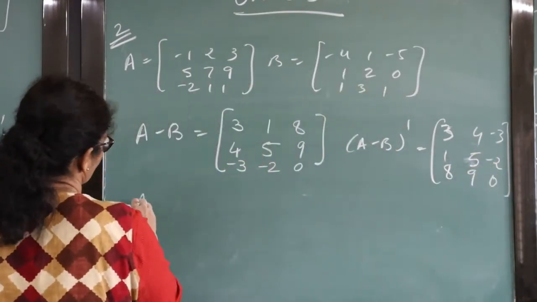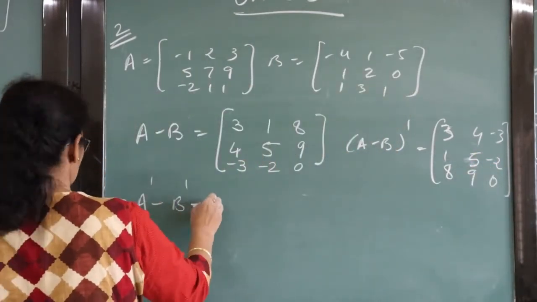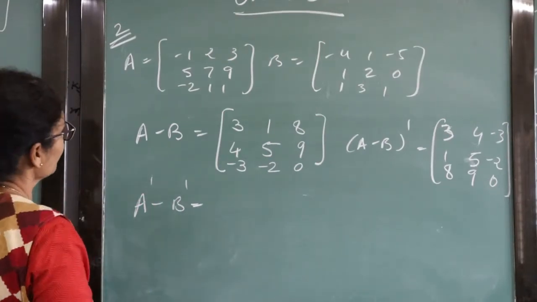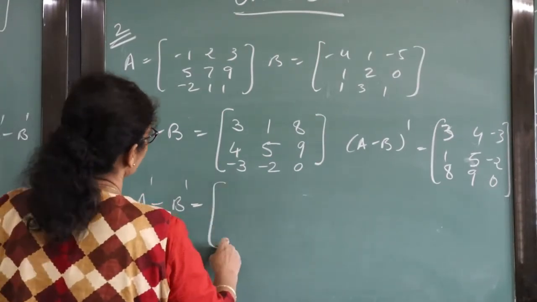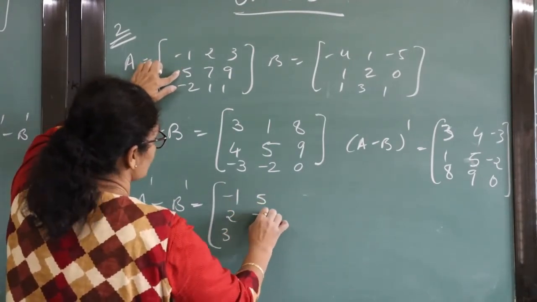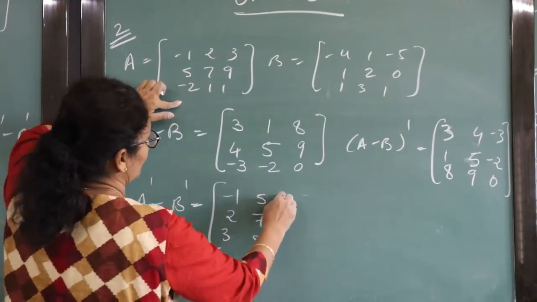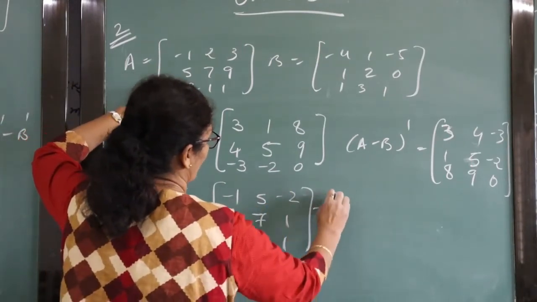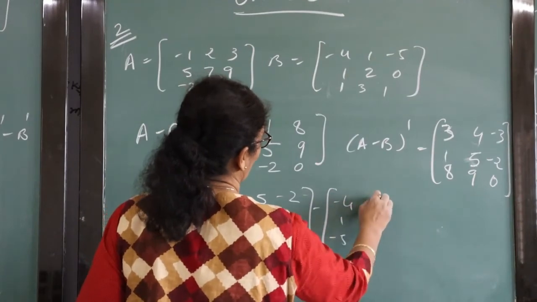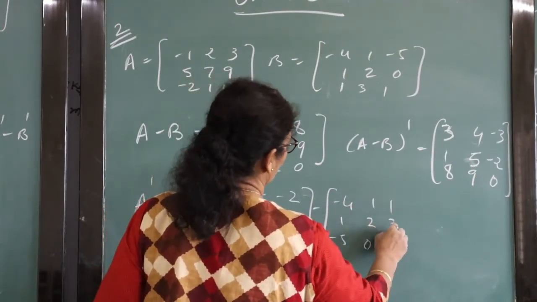Okay. Now let's write A transpose minus B transpose. Your A transpose will be -1 2 3, 5 7 9, and -2 1 1, minus -4 1 -5, 1 2 0, and 1 3 1.